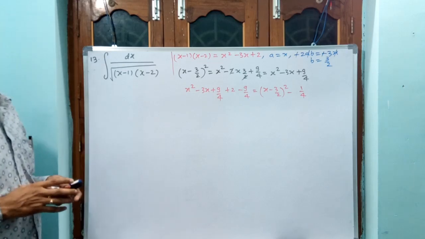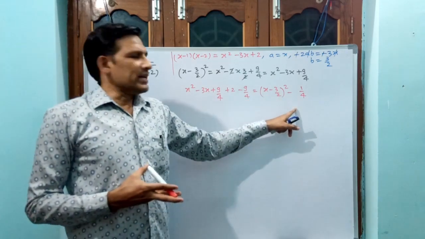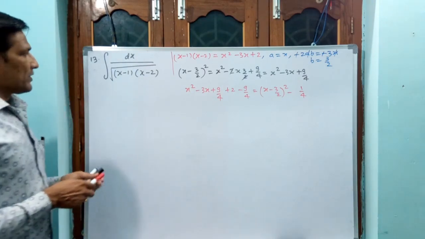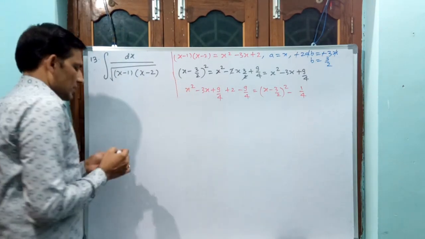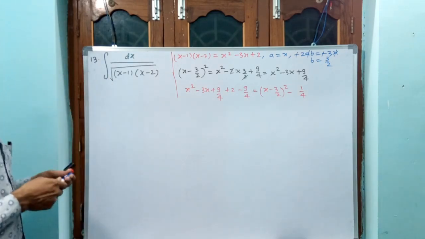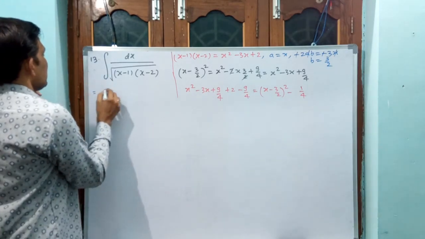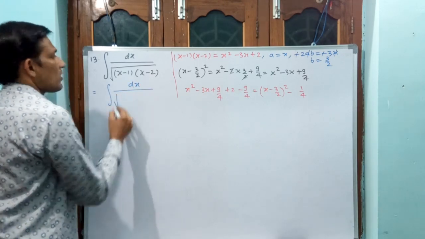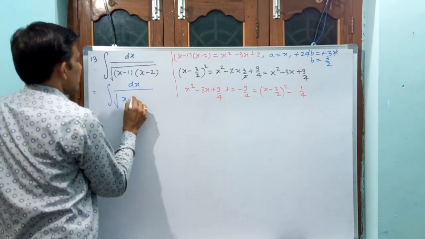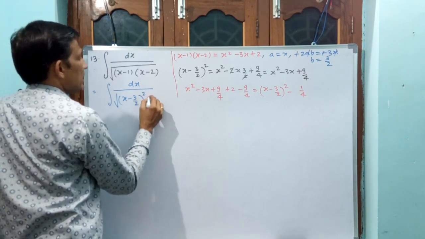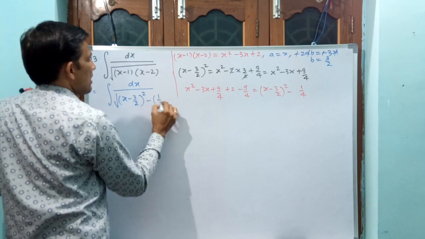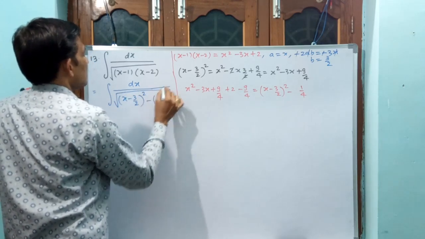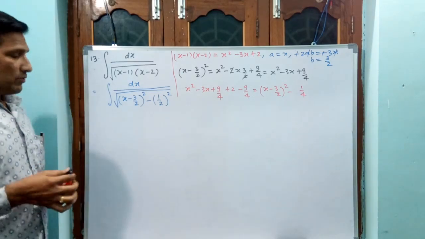Actually, it should be written as (1 by 2) whole square, we will write that afterwards. Now rewrite this integral like this: integral dx by square root of (x minus 3 by 2) whole square minus (1 by 2) whole square. Definitely okay.